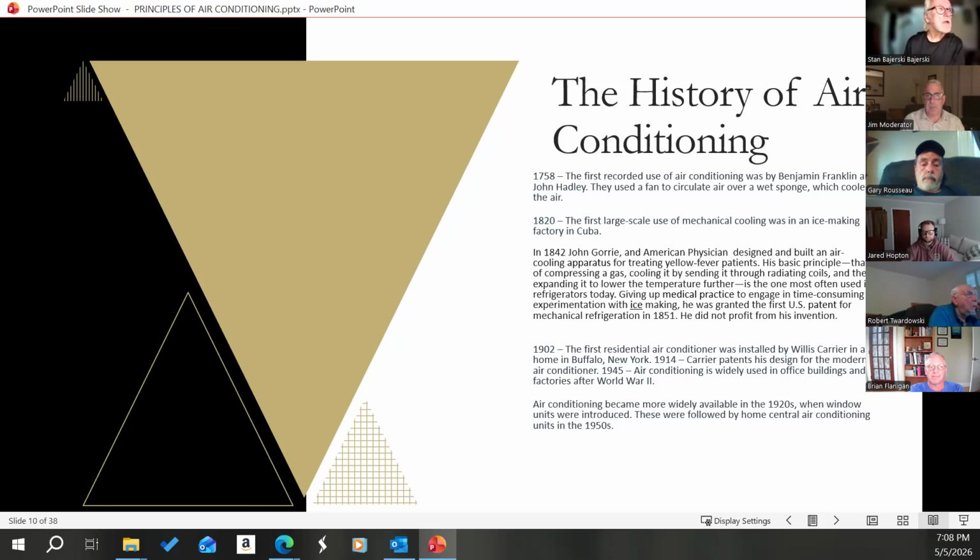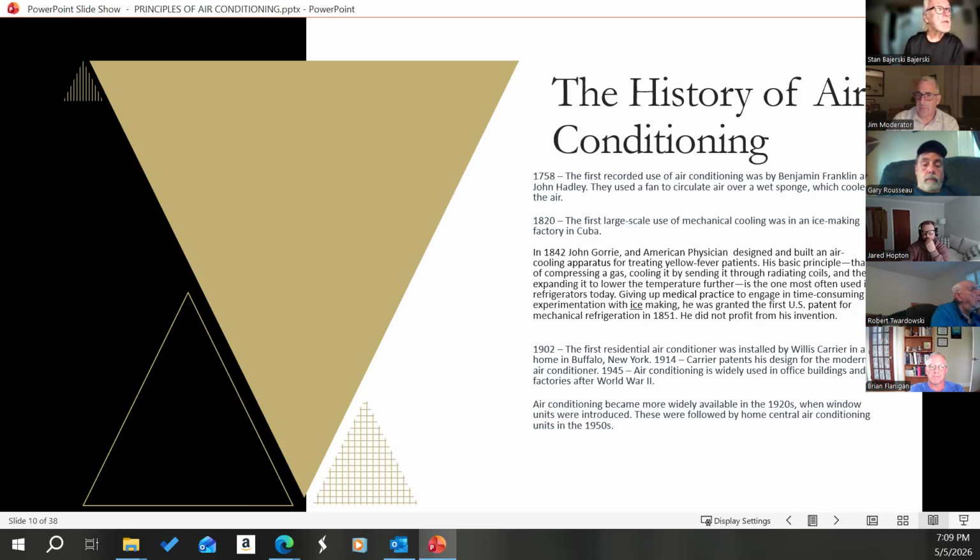In 1758, the first recorded use of air conditioning was by Benjamin Franklin and John Hadley. They used a fan to circulate air over a wet sponge, which cooled the air. The first large-scale use of mechanical cooling was an ice-making factory in Cuba. In 1842, John Gorrie, an American physician, designed and built cooling apparatuses for treating yellow fever patients.